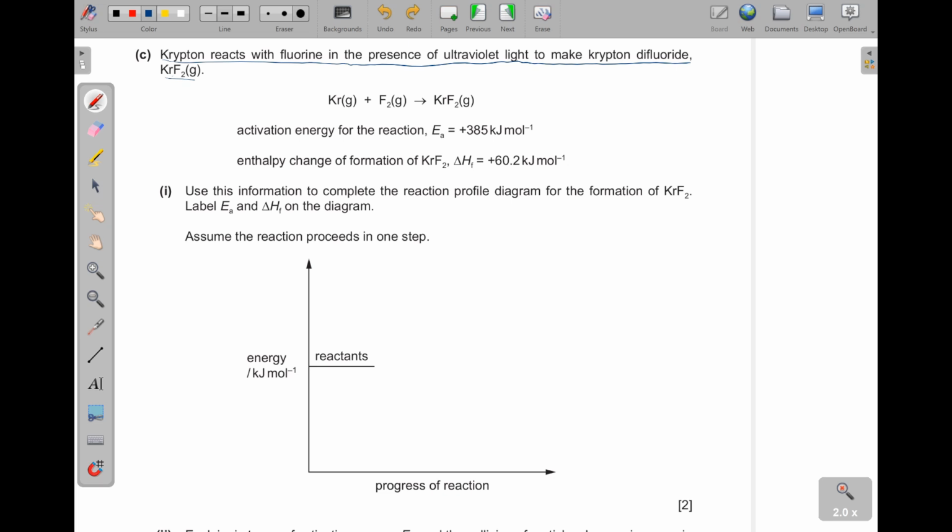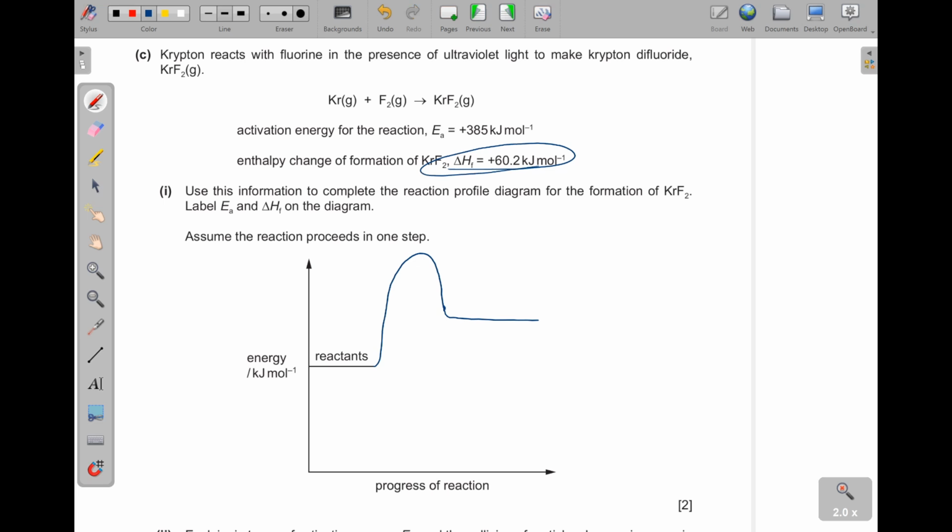Since this is an endothermic reaction, the reaction takes in energy, so whatever comes out comes out with very high energy. So I'm going to draw this. Of course, there is this hump here, which is for the activation energy. Then I can have the products here, which are far higher in energy compared to the reactants, because this is an endothermic reaction.